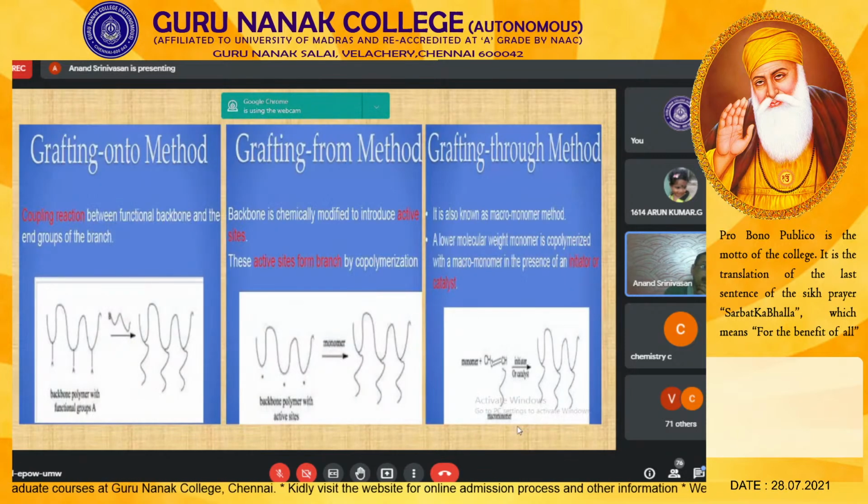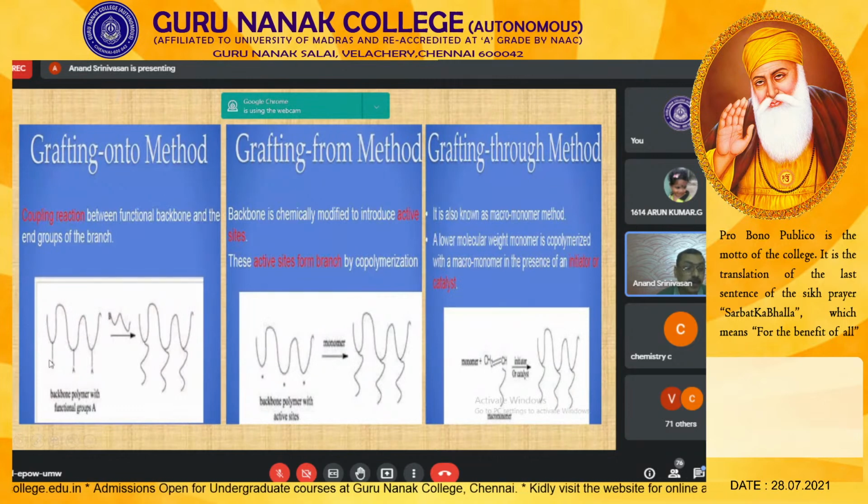So the grafting onto method is nothing but a coupling reaction between a functional backbone and end groups of the branch. When you see this, this is the backbone. As far as our body is concerned, our bone is our backbone. Bone is the one which gives you a shape. Similarly, in a polymer, this is the backbone.